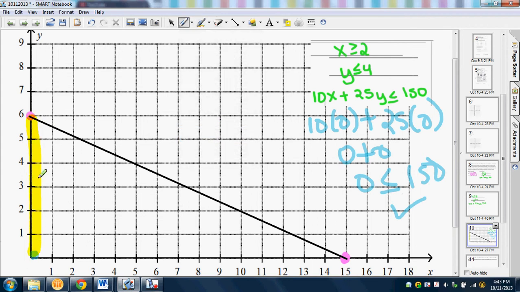And so I'm going to shade. And I know my coloring is not the best, so just stick with me. It's really hard to color on this tablet.